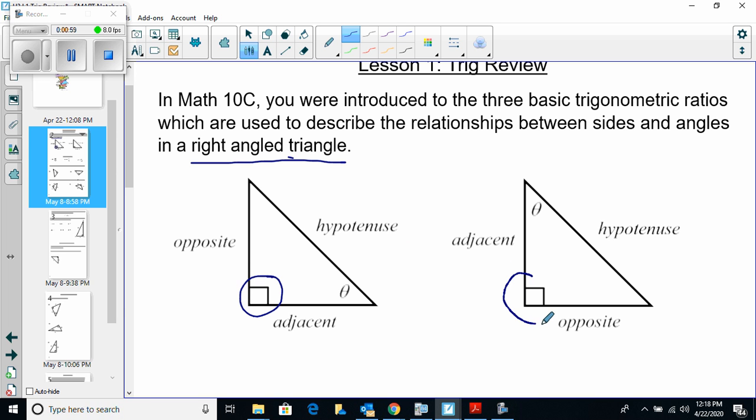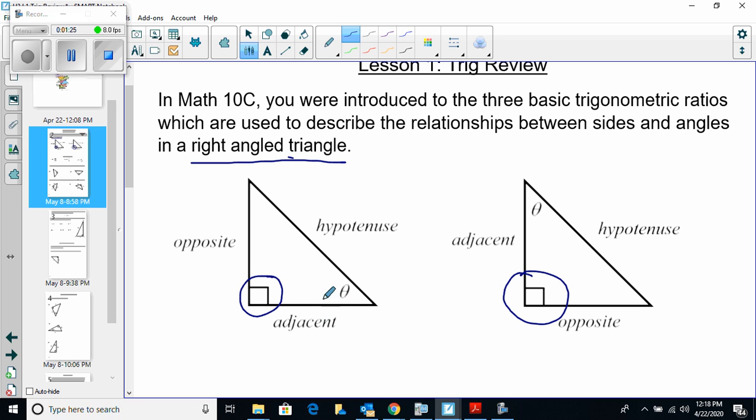And the way that we assign that this is a right angle triangle is with this little square that you see on those two pictures here. And then the other sides of the right angle triangle are dependent on the angle that you are sitting on, let's say.